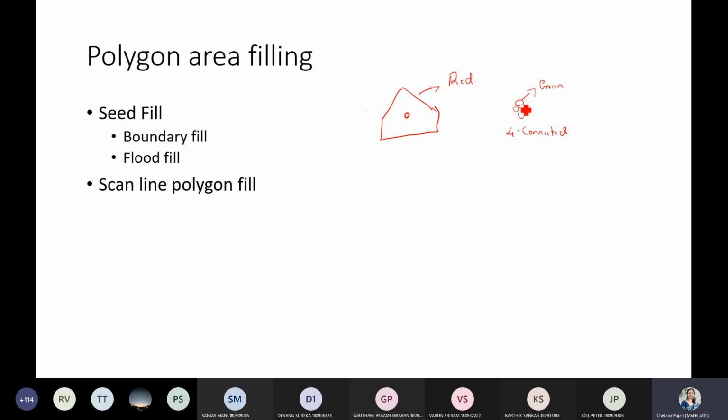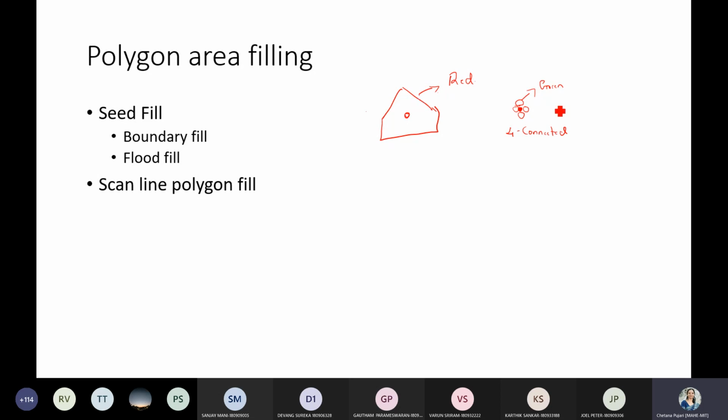So you are going to continue like that. This is already colored, then you select its neighbor and color it, select its neighbor and color it. Before coloring, you have to first check if the pixel is already colored. If colored, ignore it. And you are also going to check if the pixel is already colored with the red color. If yes, that means the pixel is a boundary, so you need not color it.